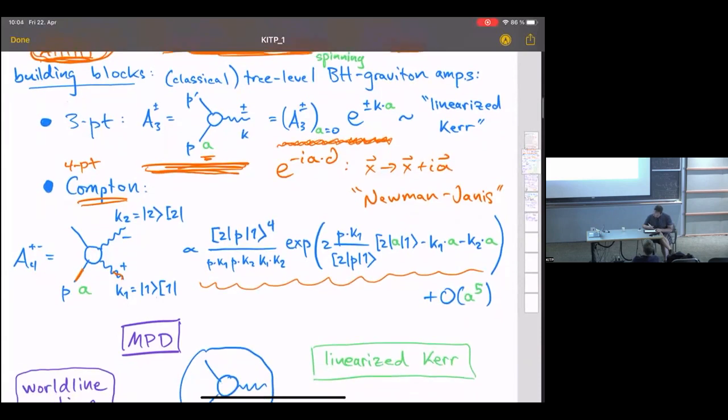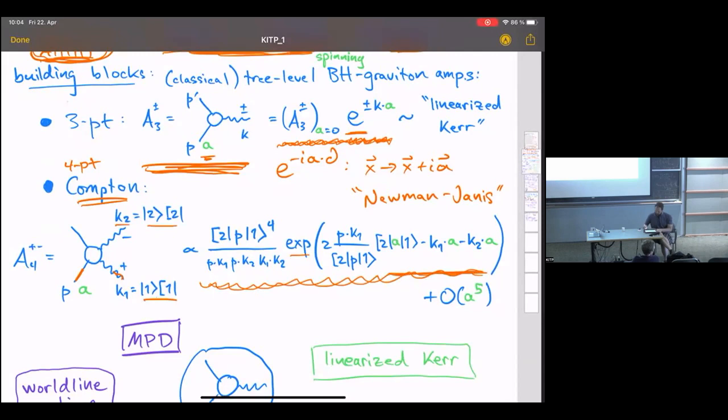For the non-experts, I'll just very briefly say these are spinor helicity variables, when you write a null momentum for a graviton as a product of two spinors. These are the objects that appear here. I really just want to stress that there's a formula that makes a lot of sense. It's in fact another exponential, kind of like that exponential, that makes sense up to the 4th order in the spin, but not beyond.